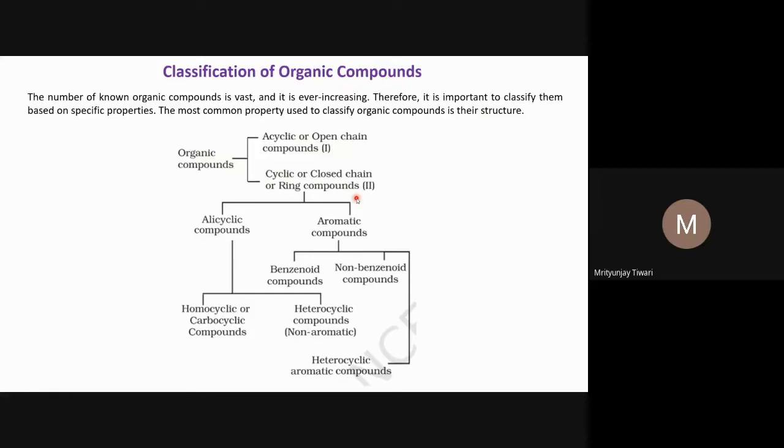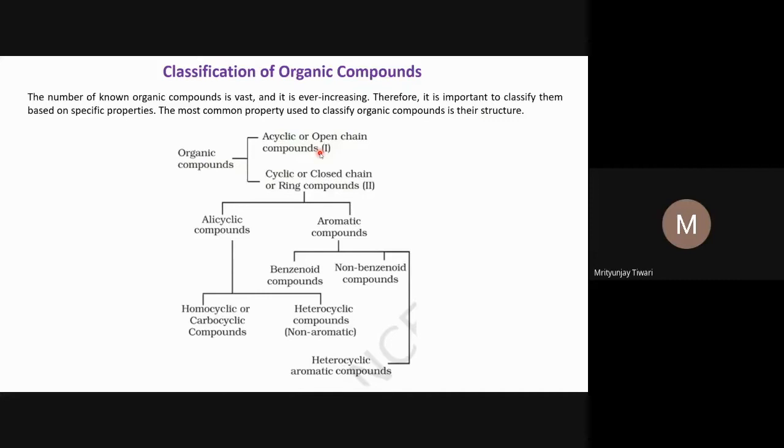If the carbon chain has branch chains, because acyclic open chain compounds may have a single chain or different branches. So branched compounds or single chain compounds are both there in acyclic or open chain compounds. And these compounds may be hydrocarbons. Hydrocarbons are compounds containing only carbon and hydrogen. The example we know is paraffin, all the alkanes, only carbon and hydrogen, with saturation, only single bonds between carbon atoms.